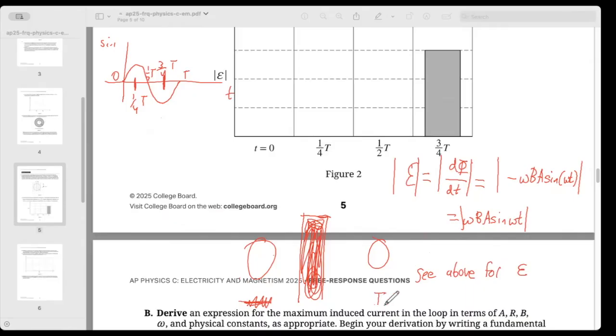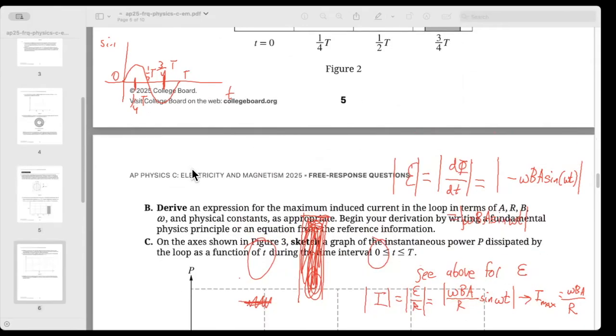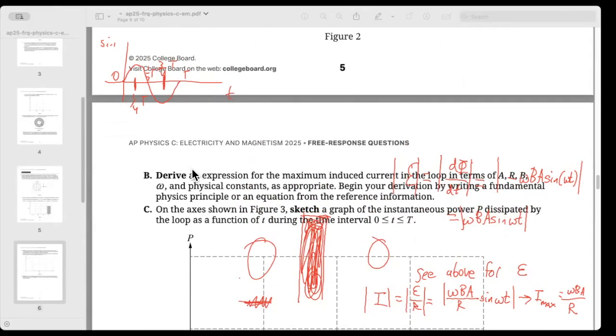And then we can say that I is equal to E over R. So that should give us omega BA over R sine of omega t. And again, these are all absolute values. So that's going to imply that I max, well, sine can go to 1, so it's omega BA over R. Not too bad. So we already found voltage. We can just divide by resistance via Ohm's law to help us get current then.